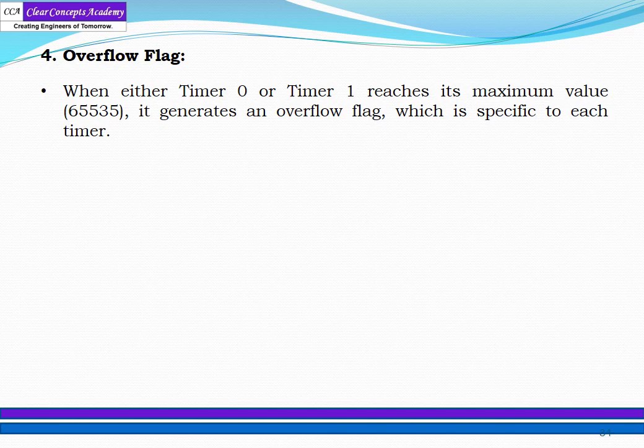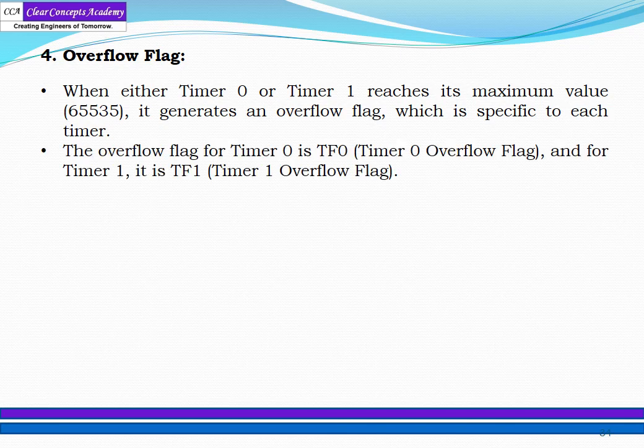Now, the overflow flag. When either timer 0 or timer 1 reaches its maximum value, that is 65,535, it generates an overflow flag which is specific to each timer. When timer 0 reaches 65,535, TF0 will be set to 1, and if timer 1 reaches its value 65,535, then TF1, the timer 1 overflow flag, will be set.